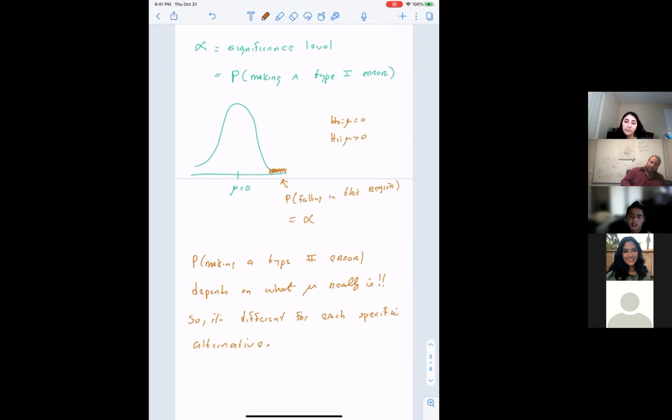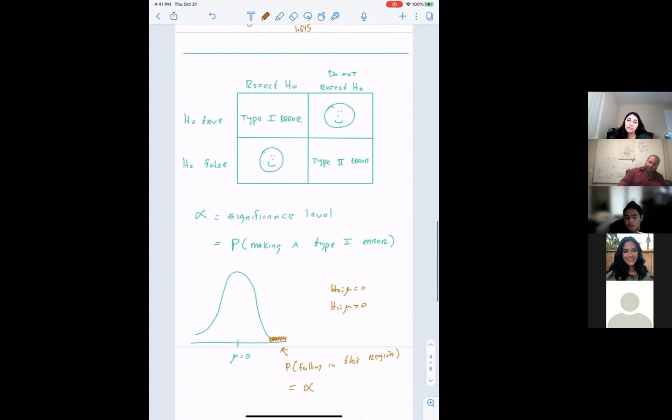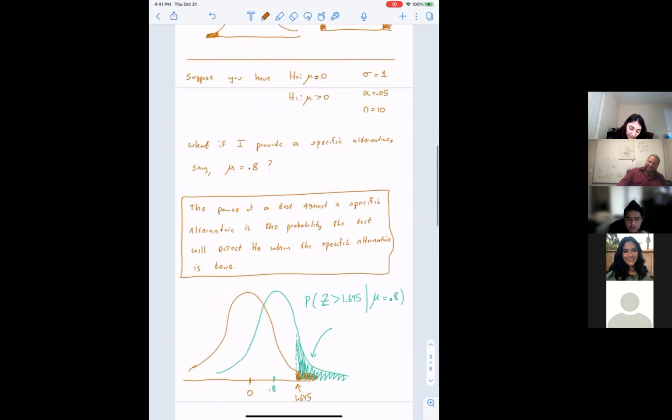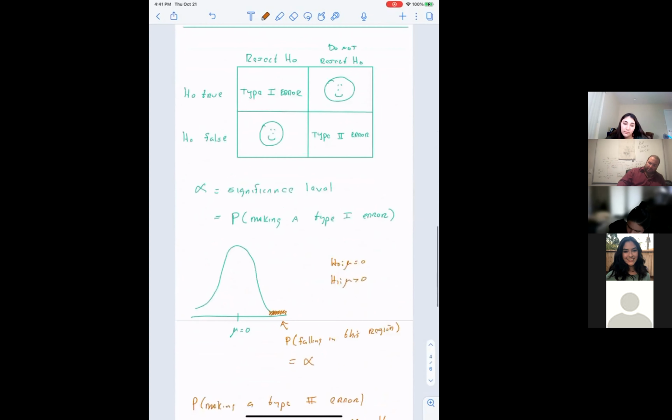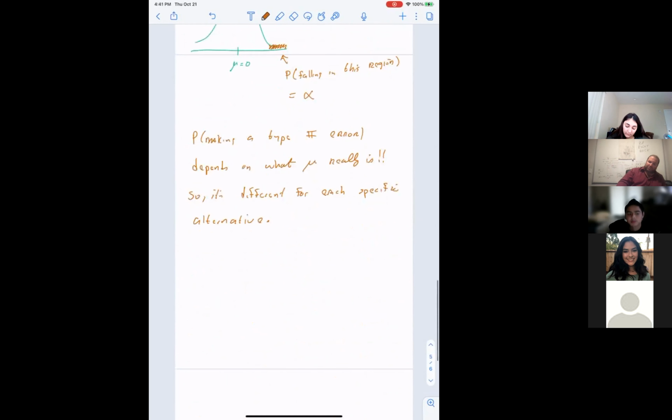The power. Remember how we define the power of a test against a specific alternative. The power of the test against a specific alternative.